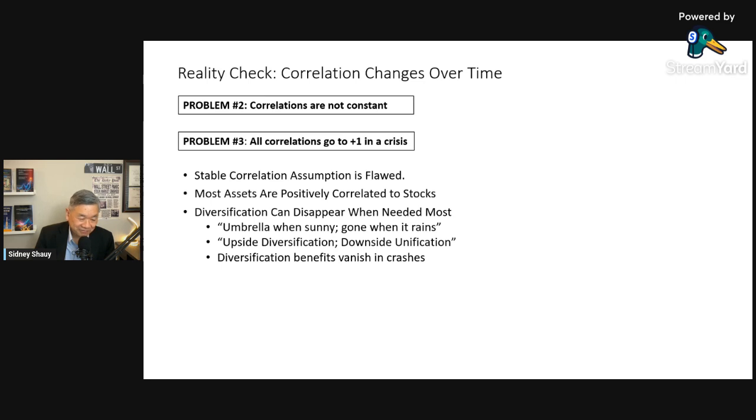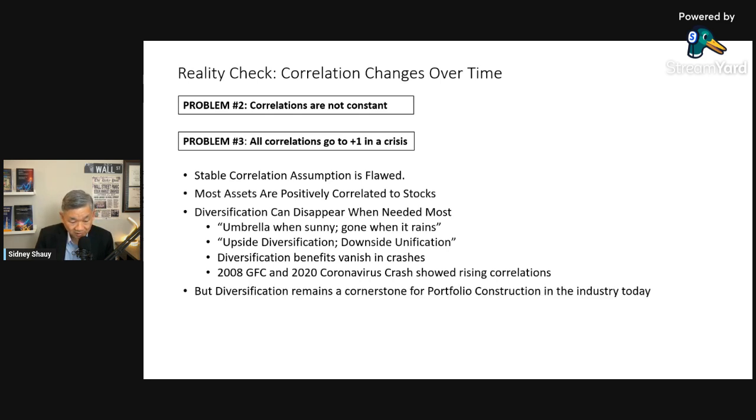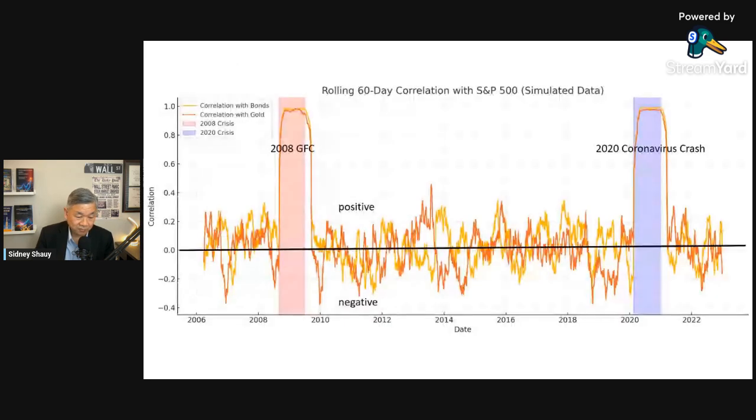Diversification benefits vanish in crashes. The 2008 great financial crisis and the 2020 coronavirus crash showed rising correlations. We're just going to show a chart real quick. But diversification remains a cornerstone for portfolio construction in the industry today. We all do that.